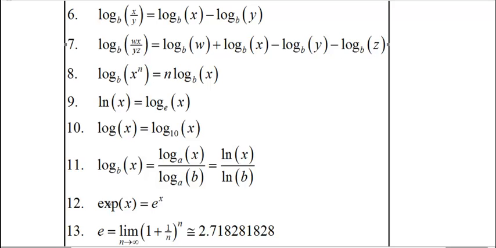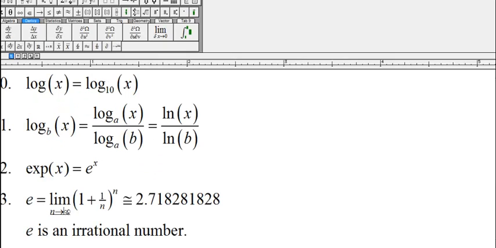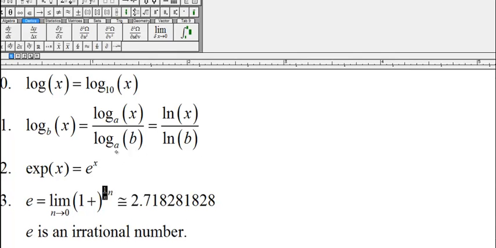Sometimes you'll see e to the x written as exp of x, particularly in some computer programming. This is one way you'll see e to the x done. And of course, e is defined to be a limit. One way you can write it is this. We actually defined it this way. I'm going to write it a different way, the way we defined it in our class. We did ours as n goes to infinity. This power was what was up here, and the n was actually in here.